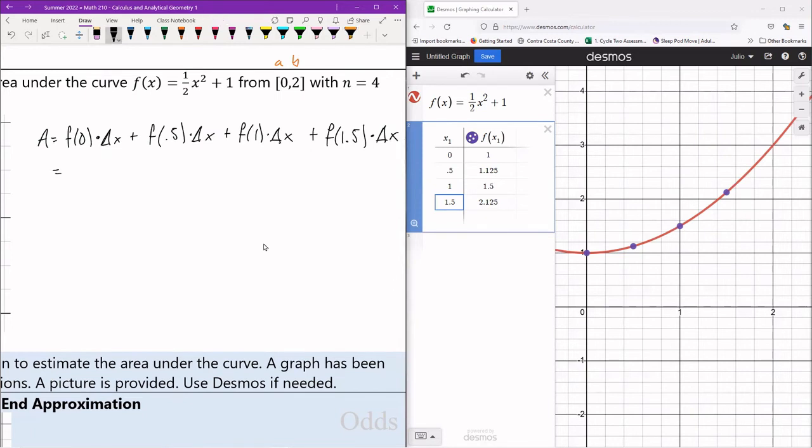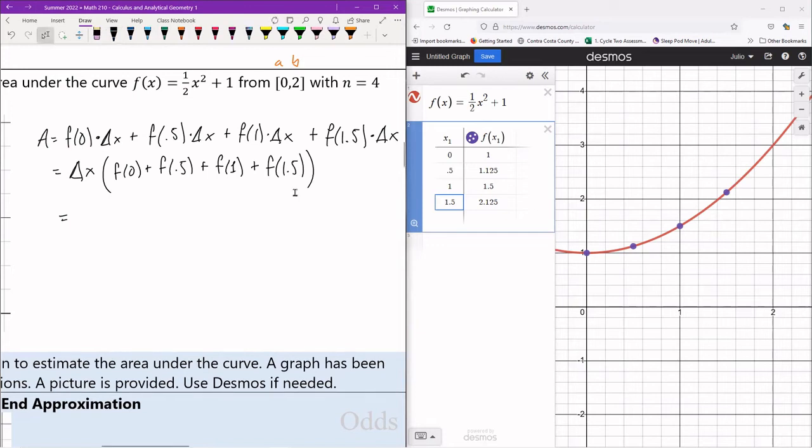So I can actually factor out delta x, and I can just do f of 0 plus f of 0.5 plus f of 1 plus f of 1.5. You guys see how much neater that makes it look? Okay.